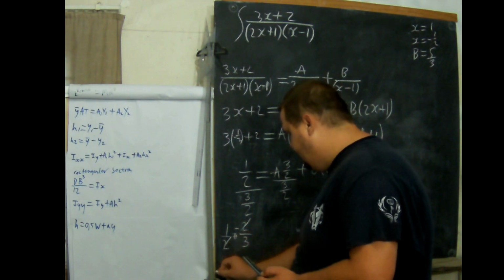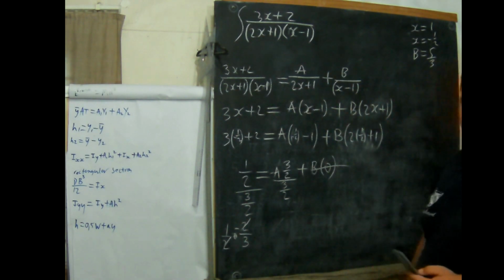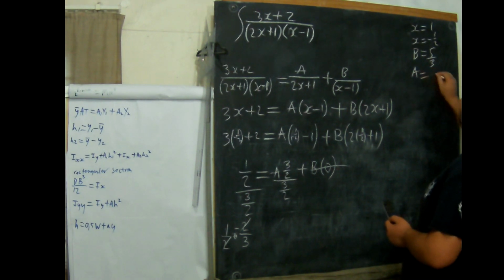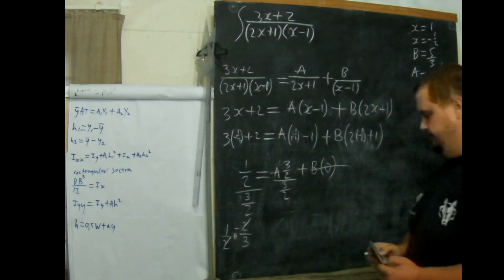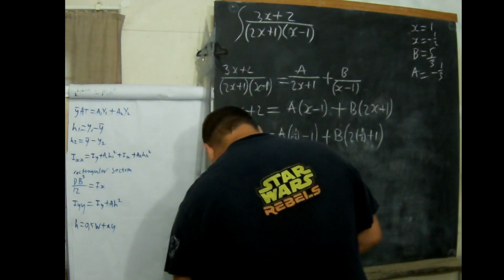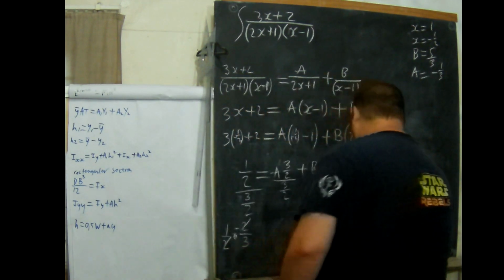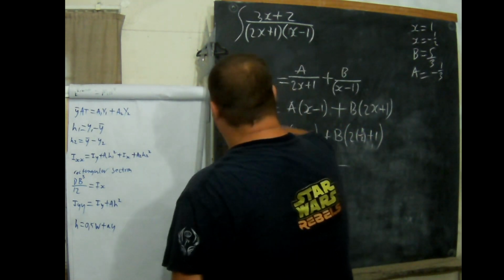So the 2's cancel, we're left with negative 1 over 3. So A is equal to negative 1 over 3.